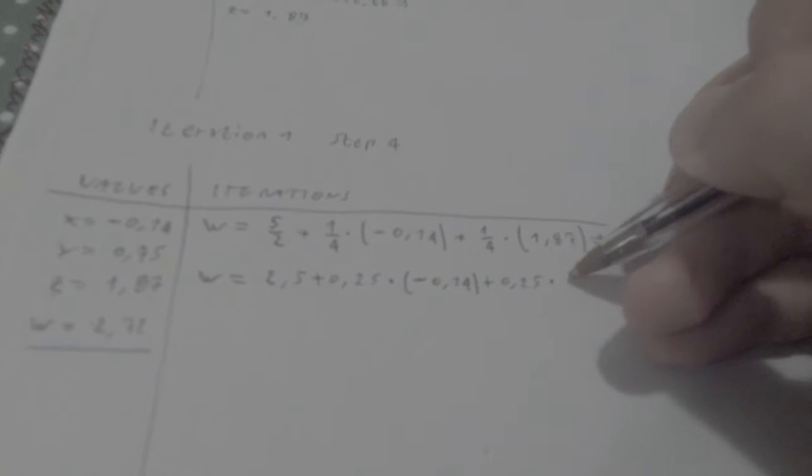So w is going to be 2.5 plus 0.25 times negative 0.14 plus 0.25 times 1.87, which is going to give us 2.5 minus 0.03 plus 0.47, which is going to give us our new approximation of w, which is 2.93.